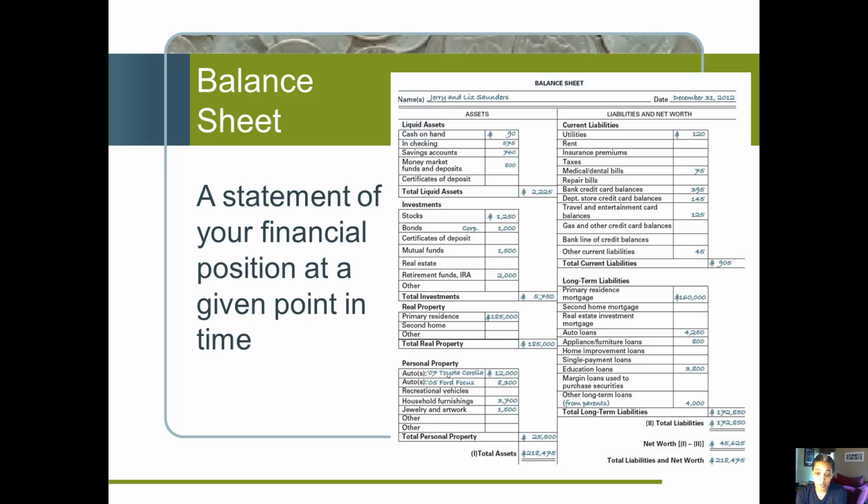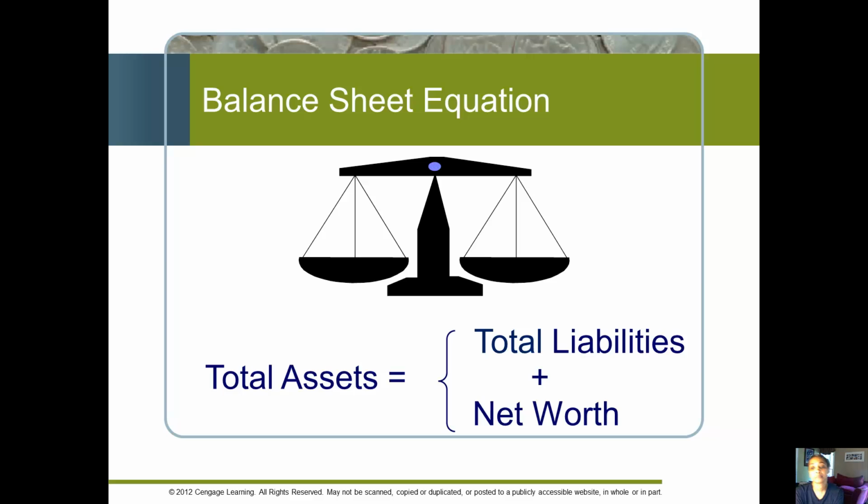And so the way we figure out our net worth is we take the total assets and subtract out the liabilities. And unfortunately, net worth could be negative or positive, but in this case, it's positive. So that's exactly what we're showing here in this balance sheet equation, that the left-hand side equals the right-hand side, meaning total assets equals total liabilities plus net worth.